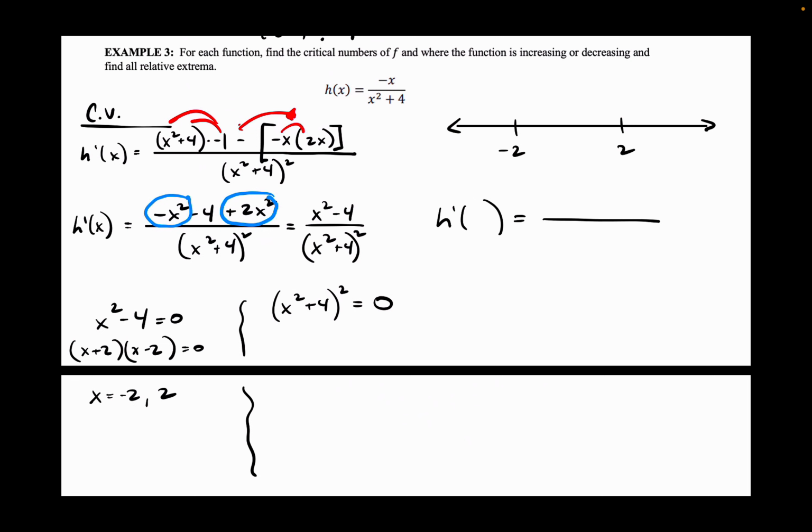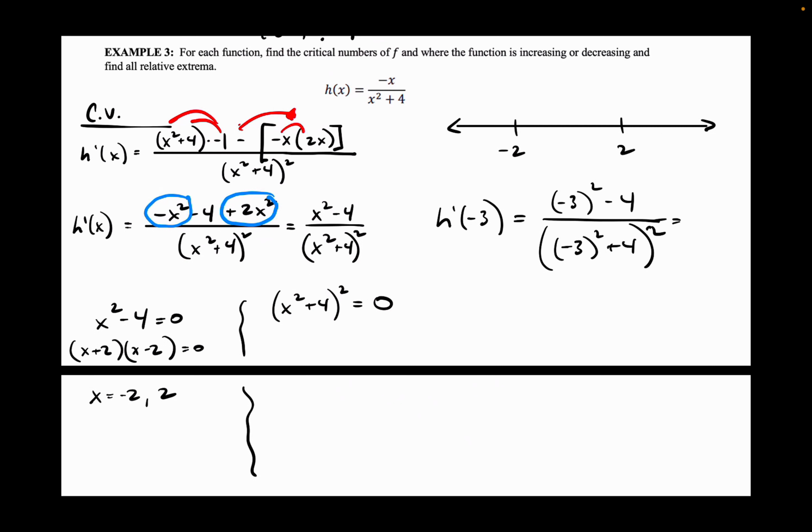I'm going to plug in negative 3. First derivative test, so we plug it into the first derivative: x squared minus 4 over x squared plus 4, squared. So I plug in negative 3.